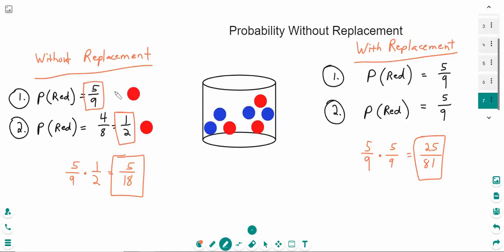They're no longer independent. When there is replacement, it's really easy, because once you've found the probability of the first trial, all of the trials after that have the same probability because nothing is changing. So it makes it a little bit easier to compute. Hopefully that makes sense to you.